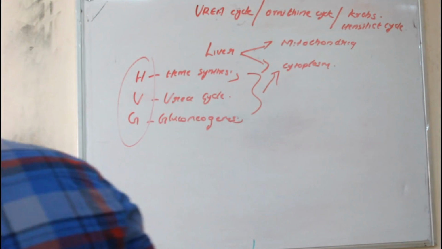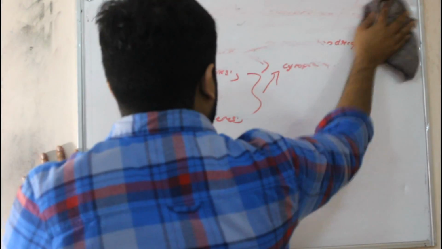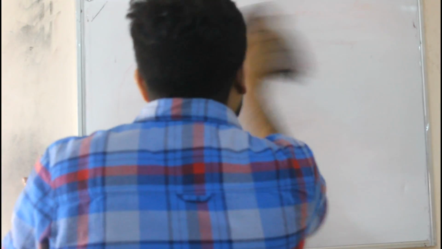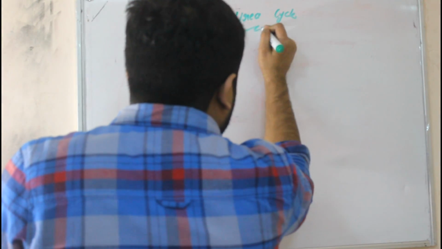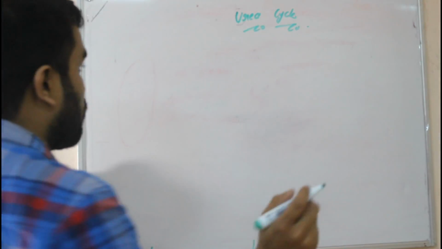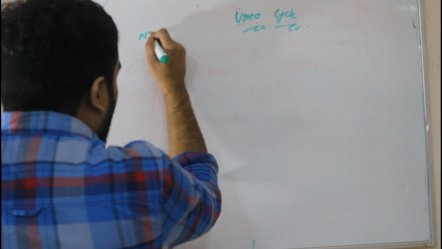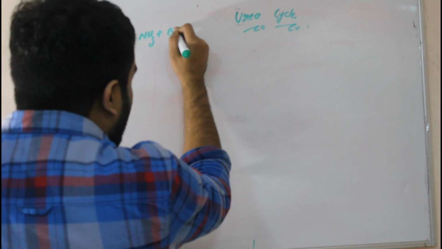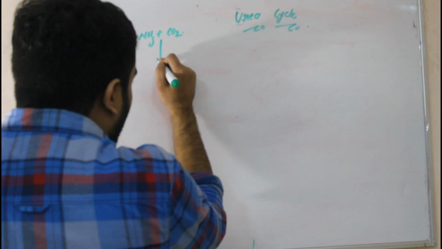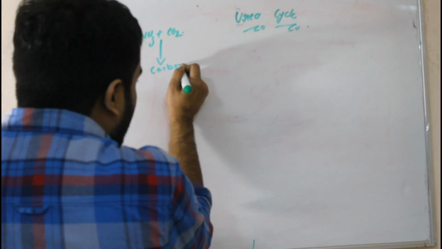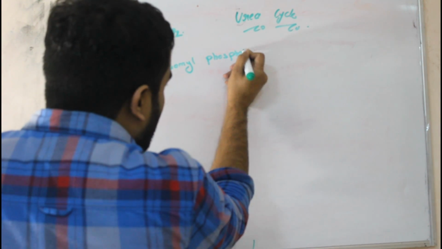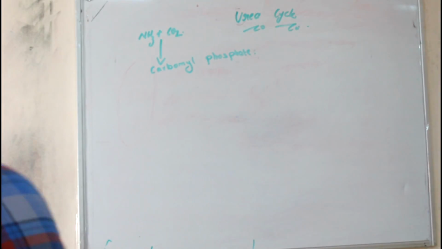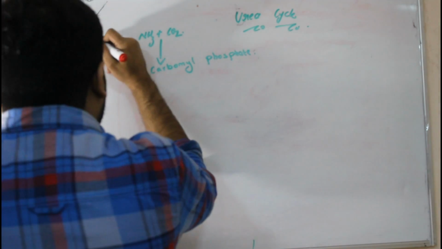So we will continue with our urea cycle. We know that now the ammonia is in our mitochondria. Very easy cycle. Now the ammonia will combine with carbon dioxide and form carbamoyl phosphate. This is taking place inside our mitochondria.